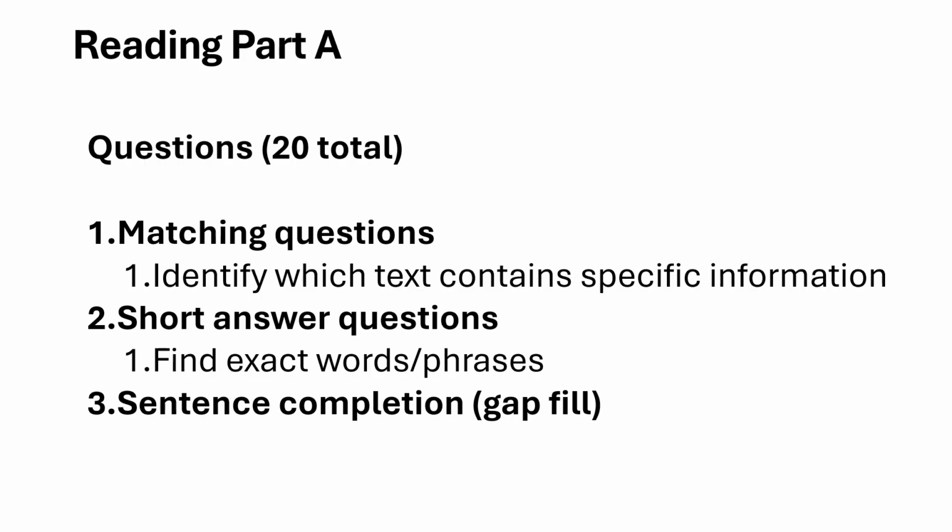There will be short answer questions as well, in which you will have to find exact words and phrases, and you will do the sentence completion, in which you will have to fill the gaps.